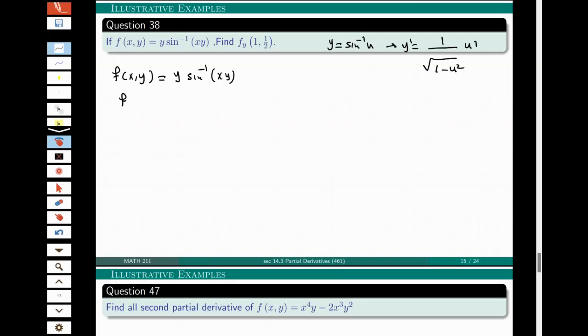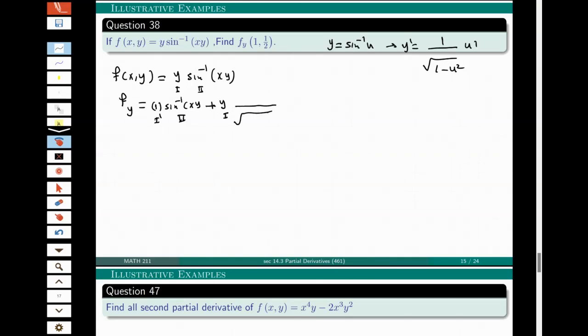So f sub y means I'm dealing with y as a variable, so I have the product rule. I have 1 times the second, the derivative of the first times the second, plus the first, which is y, times the derivative of the second.